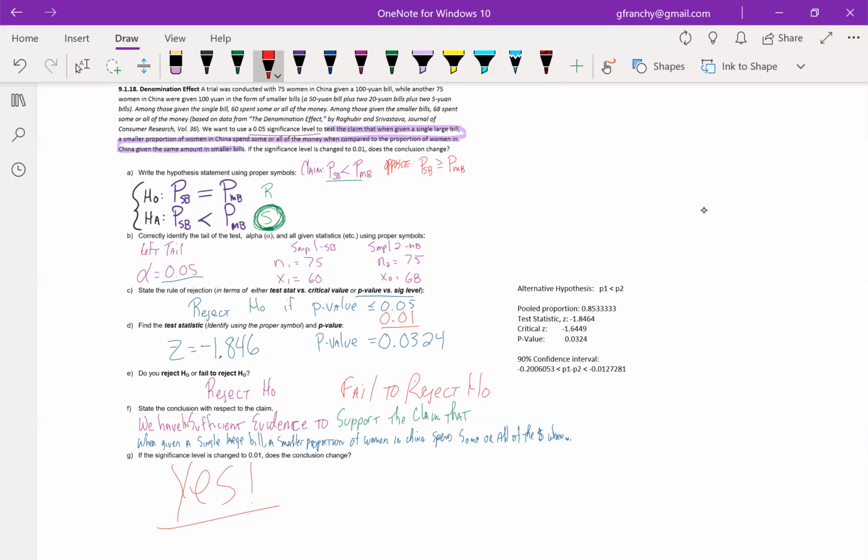Now, one of the things that we touched on in our coverage of 8.1 is the power of a test. And we touched on type 1 errors, type 2 errors. One of these schools of thought is that when you're trying to account for the likelihood of a type 1 error and the likelihood of a type 2 error, that goes into your choice of significance level.